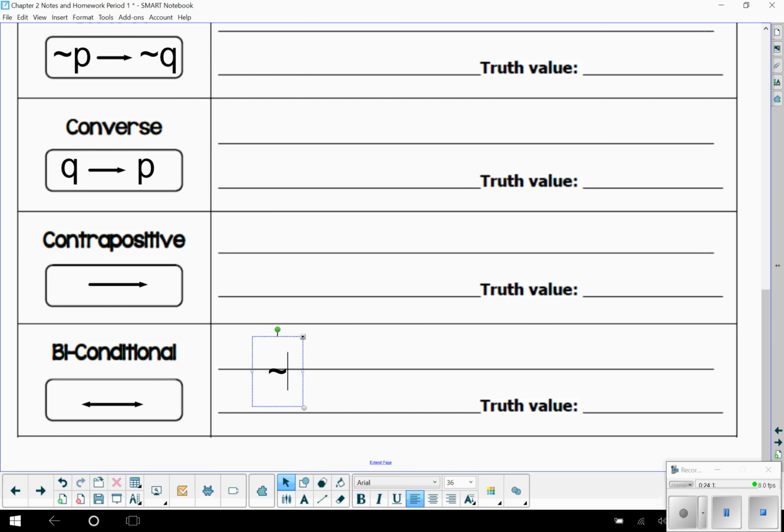So not Q, not P. The biconditional is just your P to Q.